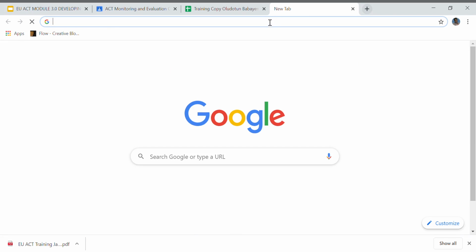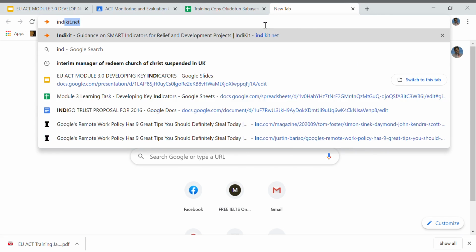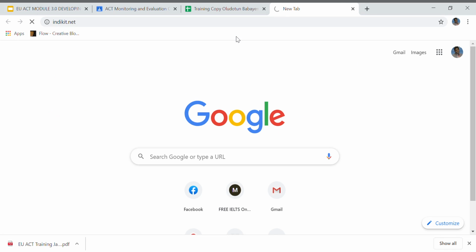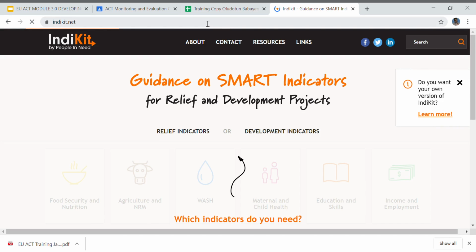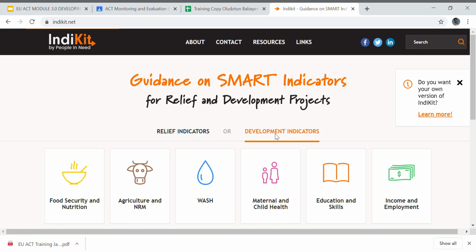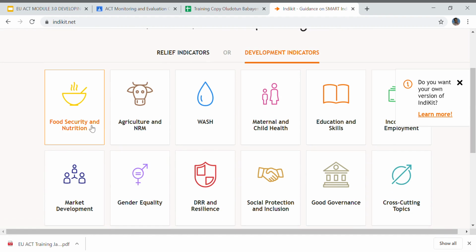And I will quickly say that there's a website, indicate.net, where you can find what this NGO in Czech Republic has done, which is to create a repository of either relief indicators or development indicators, whichever one, in areas like food security, agriculture, WASH, maternal health.